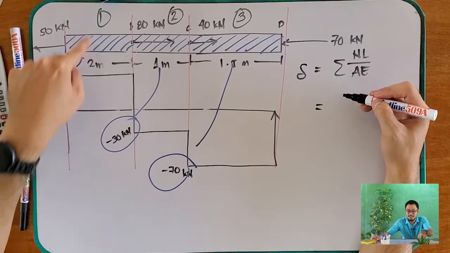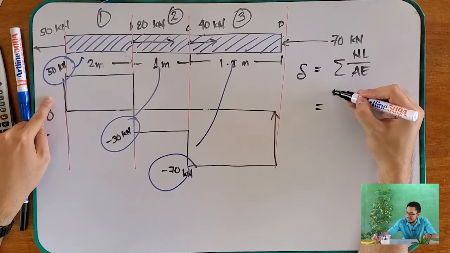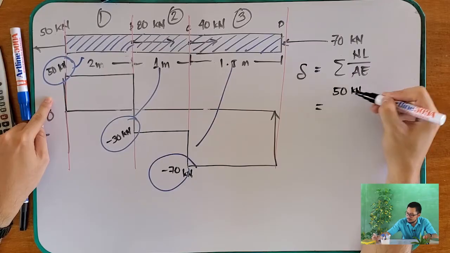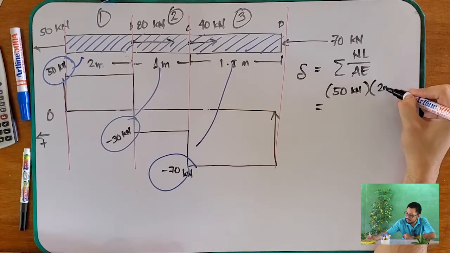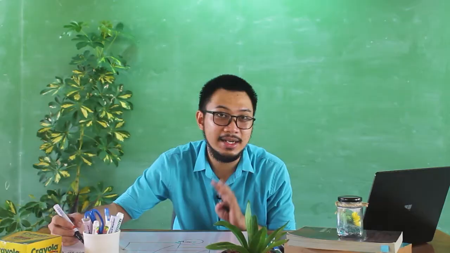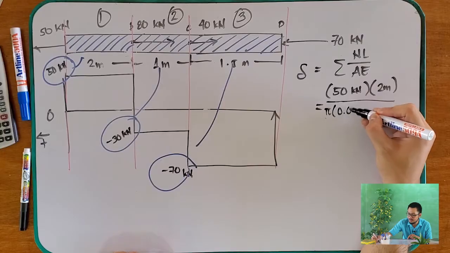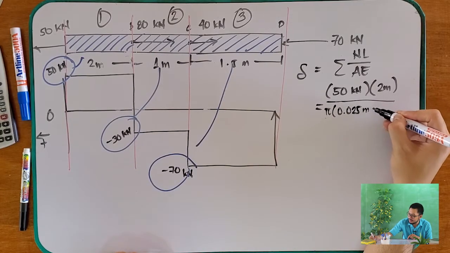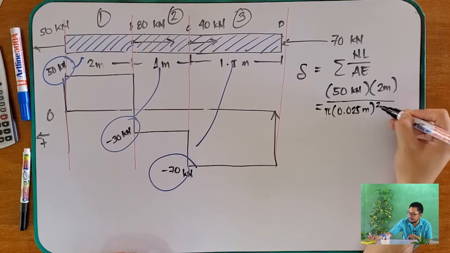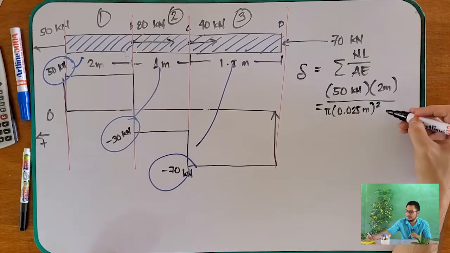Okay? First segment ta. Unsay normal force nimo sa segment 1? 50 kilonewtons. Times length of 2 meters over ang atong cross-sectional area is pi times 0.025 meters squared. Sunod, atong modulus of elasticity.